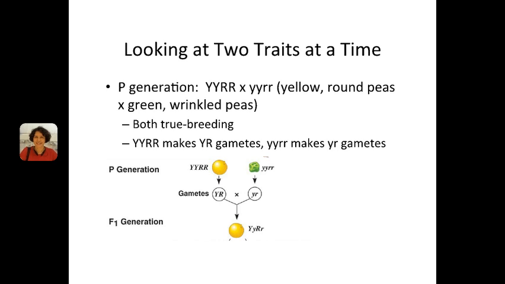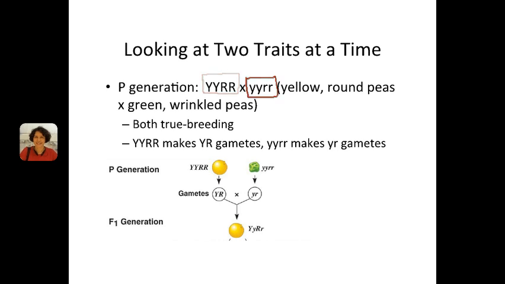Let's take a look at the first generation, the parental or P generation. In that parental generation, we're crossing an individual with the genotype big Y, big Y, big R, big R, with another individual that has the genotype little y, little y, little r, little r.